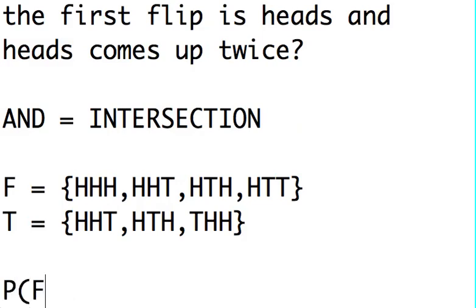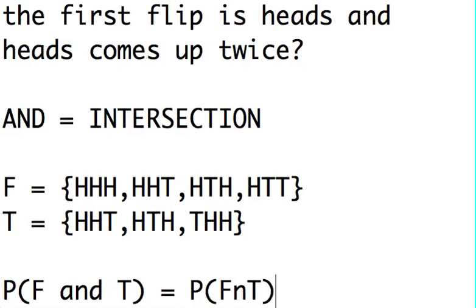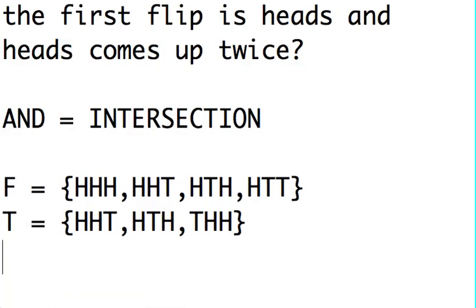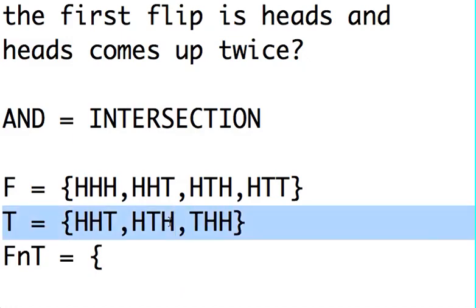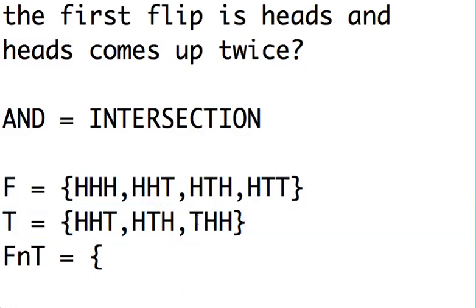So the probability of F and T is the probability of F, and since I haven't set up things, I'm going to use the letter N to mean intersection because it kind of looks like the intersection. F intersect T, which is, well, what is it? It's these first two guys which actually have heads as the first flip. They're right here and here.